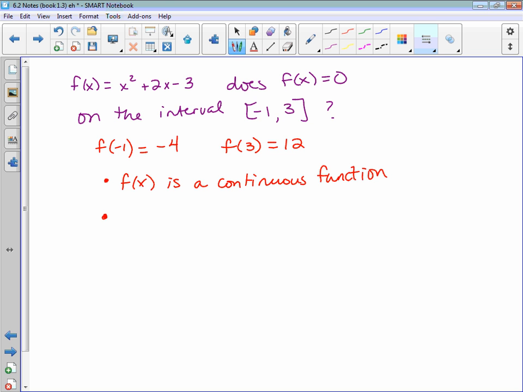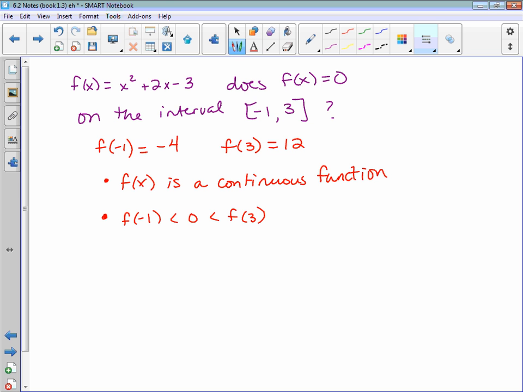Then the next piece, remember in the IDT it talked about one y value being less than another y value, so that's what we're going to show. F of -1 was less than 0, which was less than f of 3. It may not always be that the first one gives you a y value less than the second one, so that's why you always want to check.